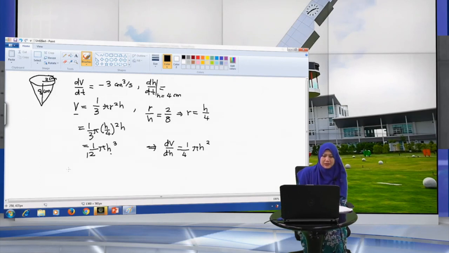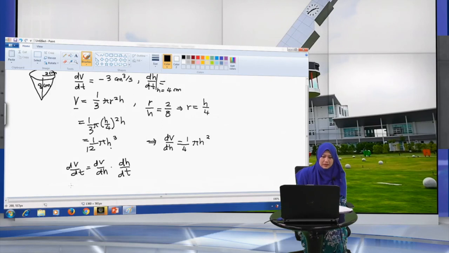So we got this, and the next step is writing the chain rule. The chain rule here is dV/dt equal to dV/dh multiplied with dh/dt. Now dV/dt is minus 3, equal to 1 over 4 pi h squared multiplied with dh/dt.